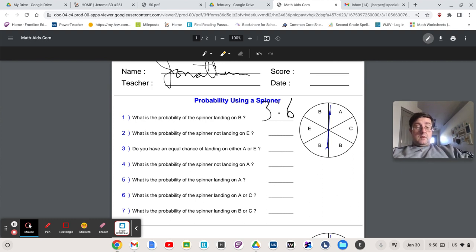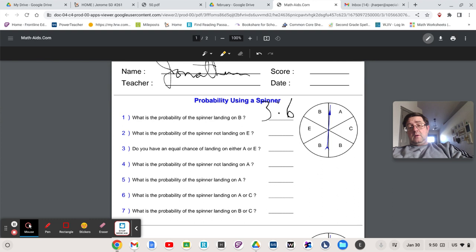So, now what is the probability of the spinner not landing on E? Well, let's look at how many E's there are. There's 1 E. There's only 1 E. So you don't have nearly as good of odds because there's only one of them.